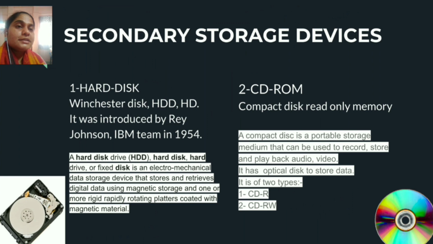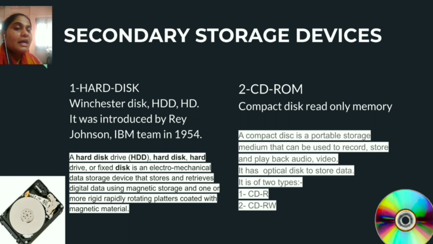Number third is storage devices, secondary storage devices. Here we have number one, hard disk device, and number two, CD-ROM. About hard disks, I would like to say Winchester disk, HDD, and HD are other names of hard disk. It was introduced by the Ray Johnson IBM team in 1954.